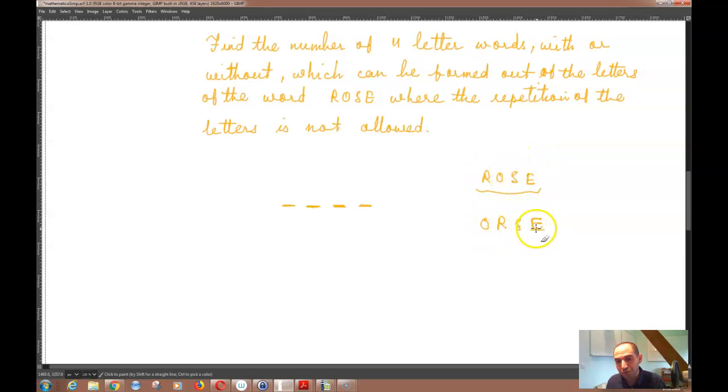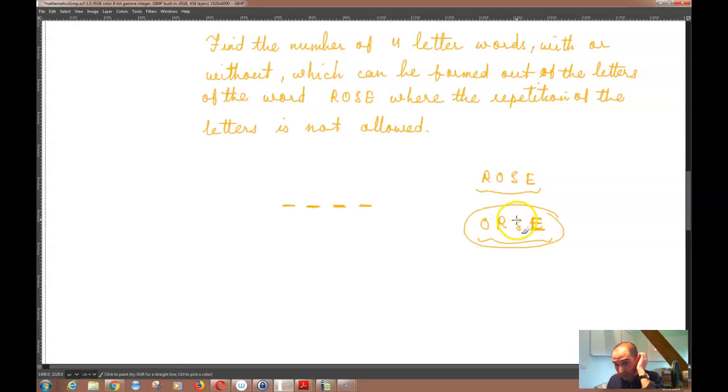As far as I know, this word does not have any meaning in the English language.